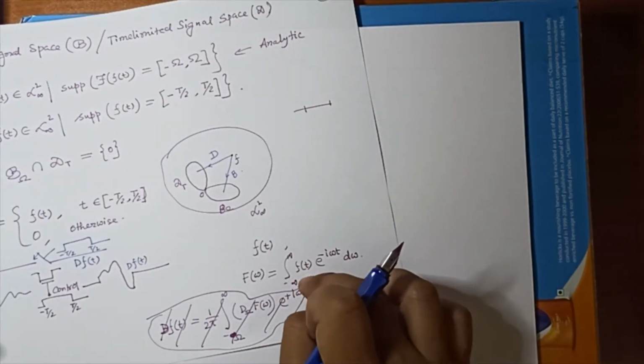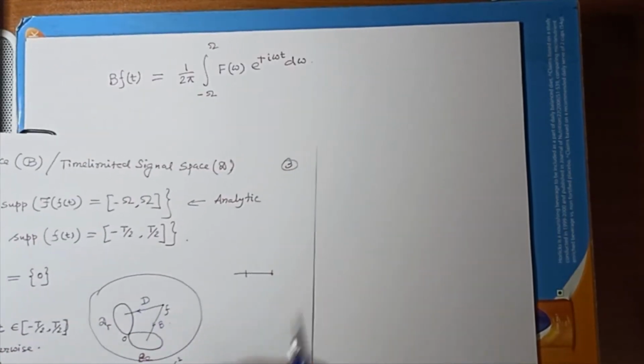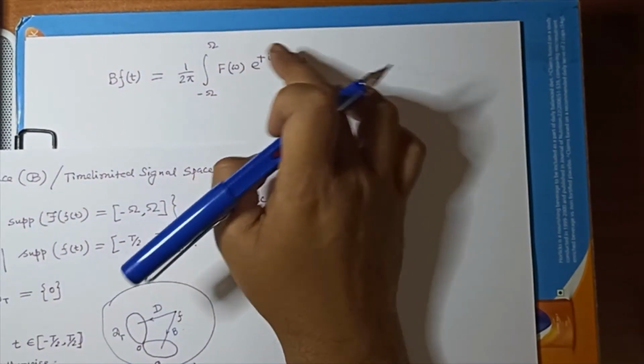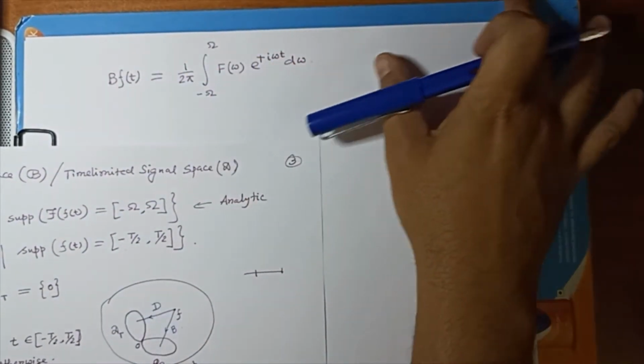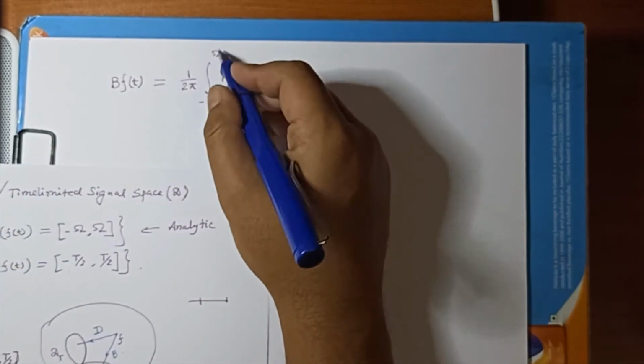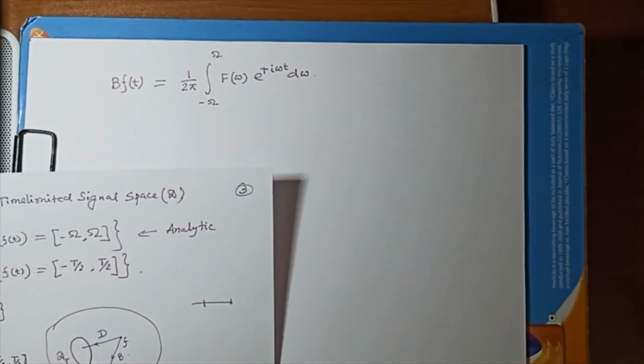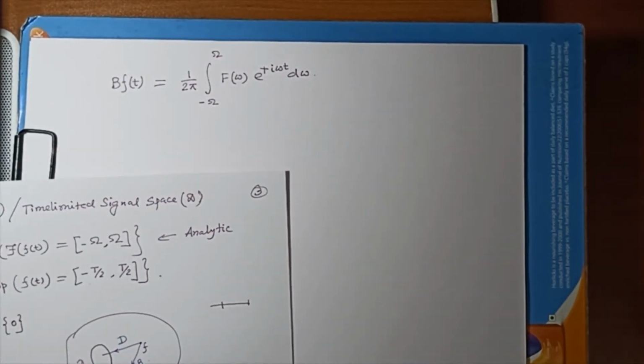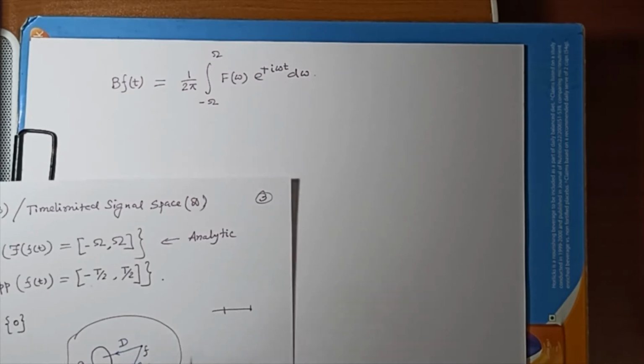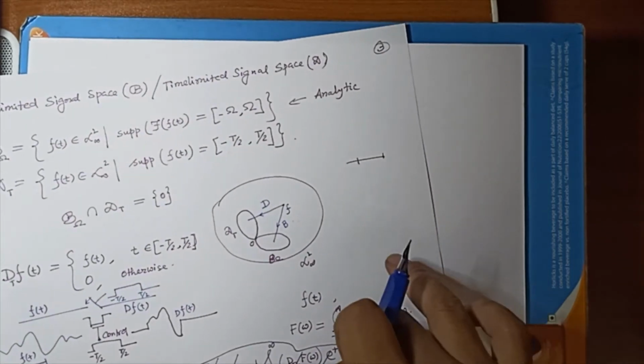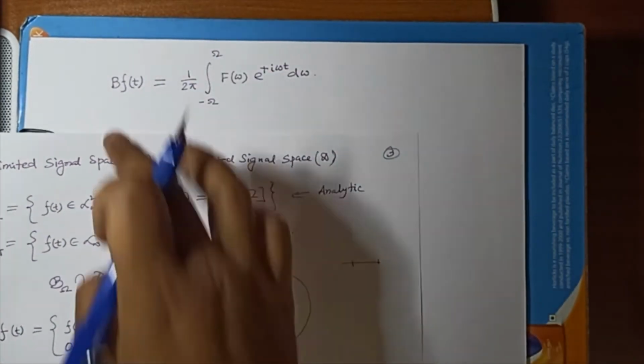So you take the original signal, you take the spectrum, and then that spectrum you are doing inversion under this changed interval, which is minus capital omega to plus capital omega. So these two processes are basically the low pass filter by which you are getting this.